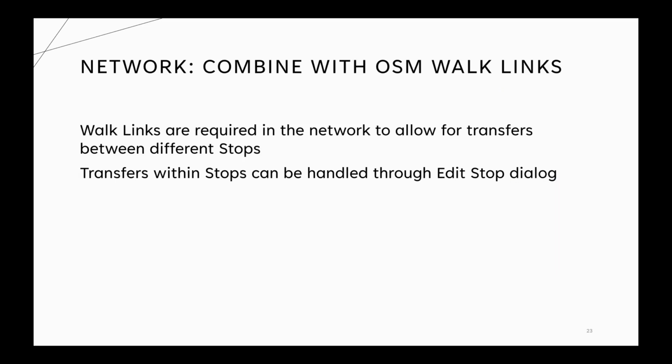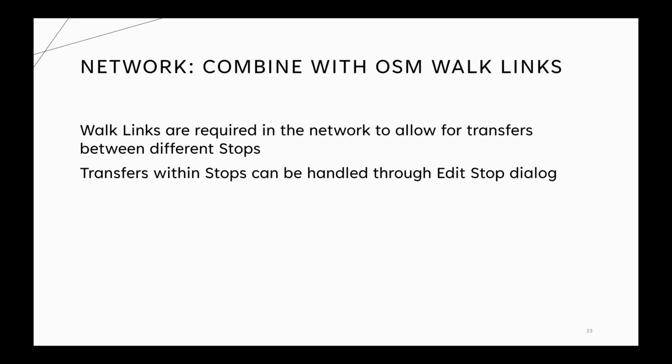So after this simplification, then we need to bring in the walk network. So the best way to do that is to download the walk links or walk network from the OpenStreetMap and then merge it with our network.